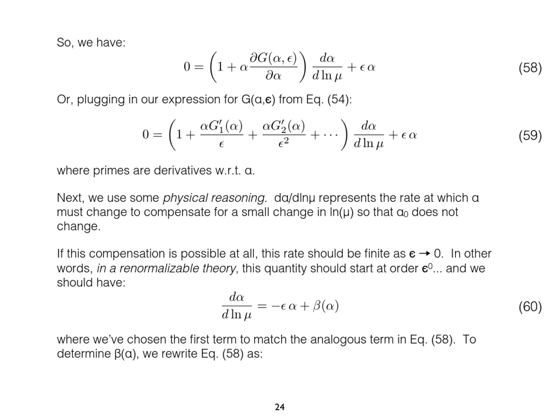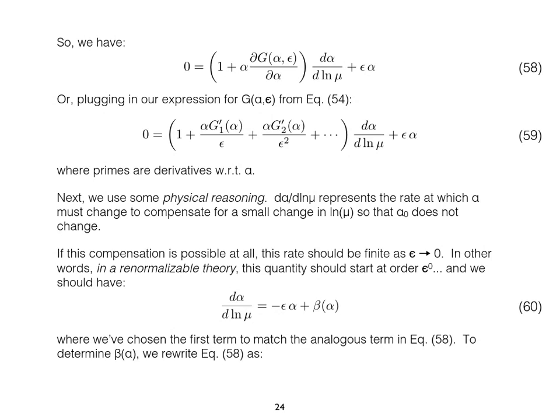And now I can plug in my expression for G-alpha epsilon. It's an expansion in the poles, with some coefficients that depend on alpha, and I'm taking a derivative of that with respect to alpha. So the only thing that depends on that are these coefficients. That's what the primes are. The primes are derivatives with respect to alpha.